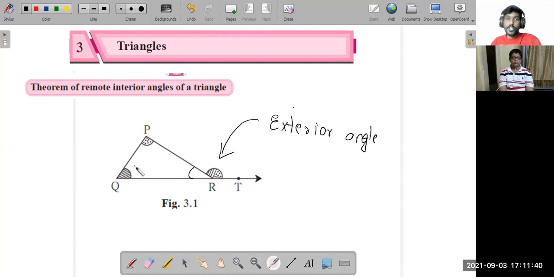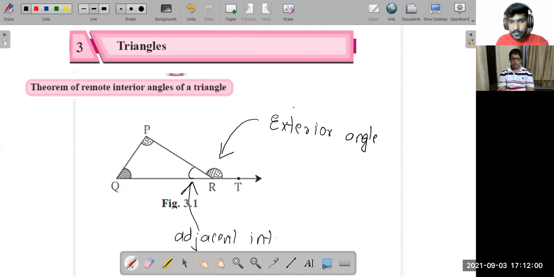What do you mean by remote? Remote means far away from it. If you see, angle R is just beside it, so angle R will be called the adjacent interior angle. And these two are far away from the exterior angle, so we call them remote interior angles.